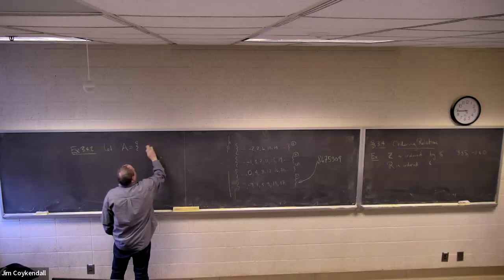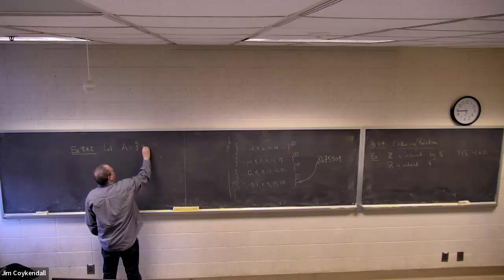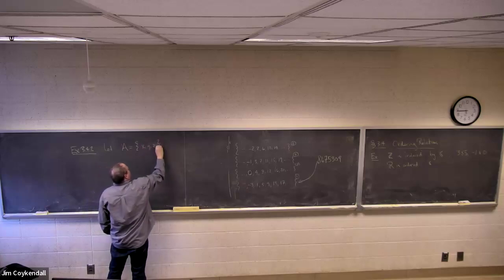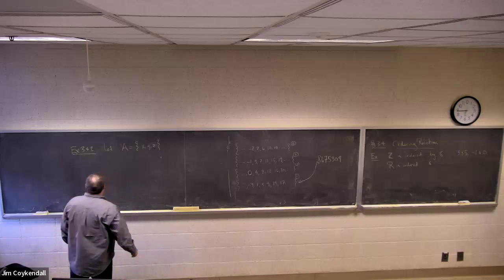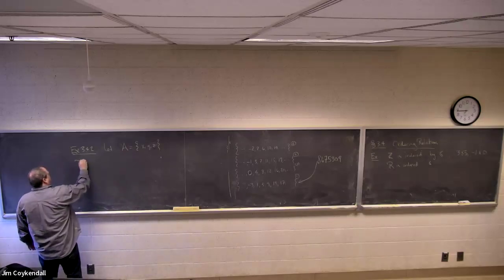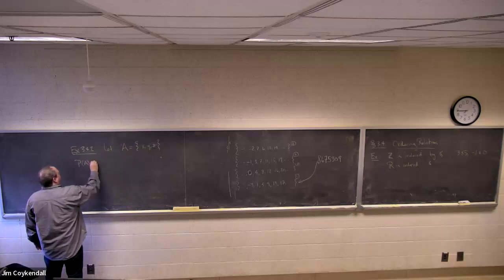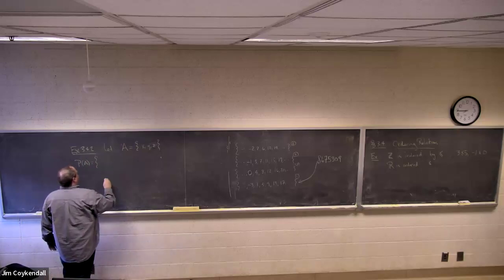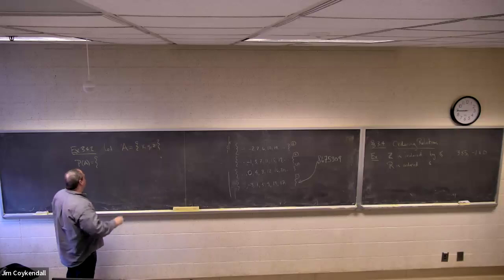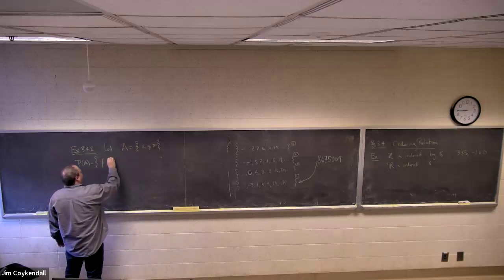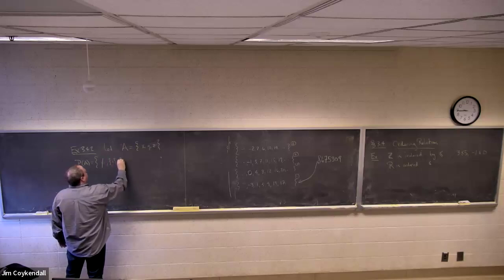Actually, I don't want you to think of these as numbers. A is just a set of elements. Take the power set of this, the set of all subsets. So I've got the empty set. I've got the singleton subsets.